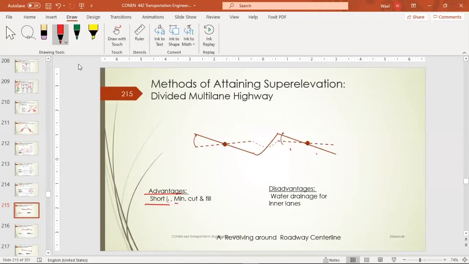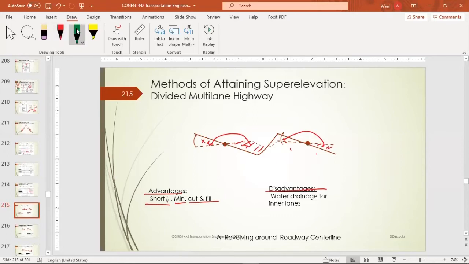And we have minimum cut and fill, because we add fill here and we remove from here. So basically we are going to remove this part and just build it here. And the same, we remove from here, but build it here. But what are the disadvantages? I will show you now the disadvantages.